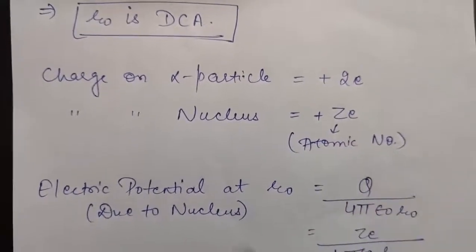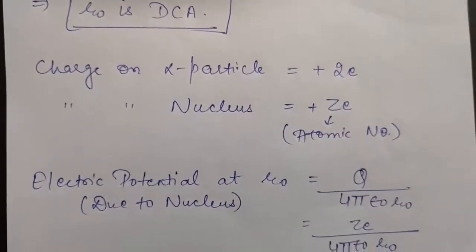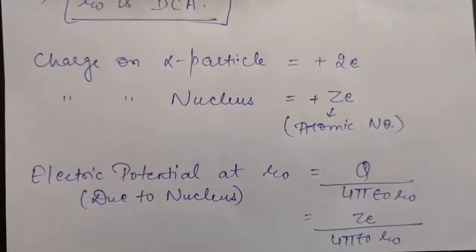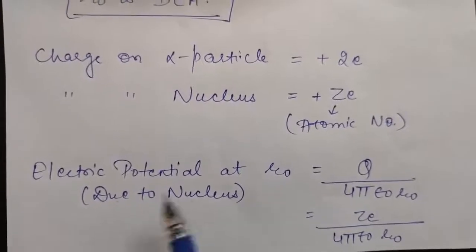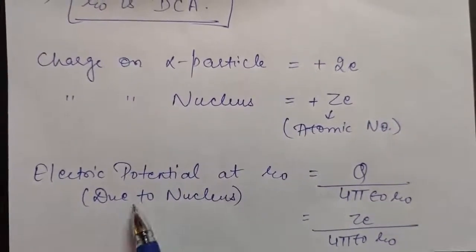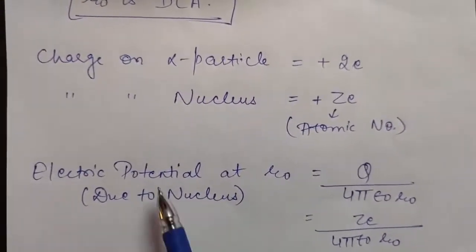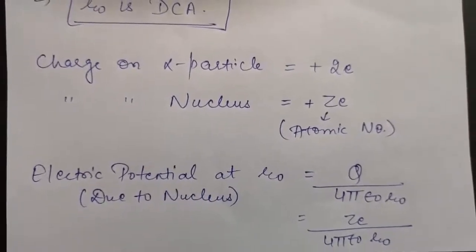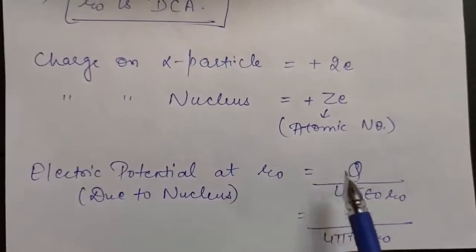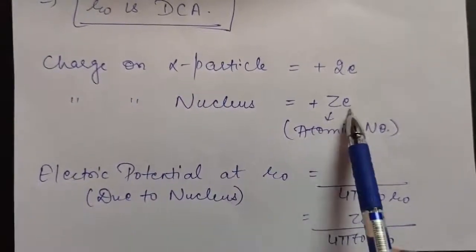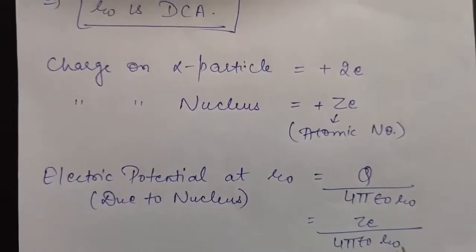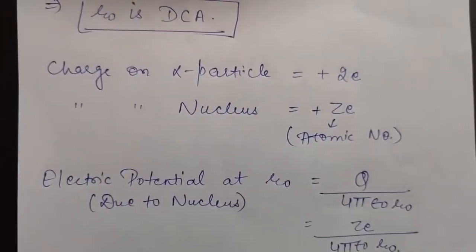There will be some electric potential due to the nucleus. So first, let us calculate that electric potential at r0 due to the nucleus. As you know from your second chapter, the formula for potential is Q upon 4 pi epsilon naught r. Here the charge on the nucleus is Ze, so the potential is Ze upon 4 pi epsilon naught r0, because we are calculating the potential at r0.